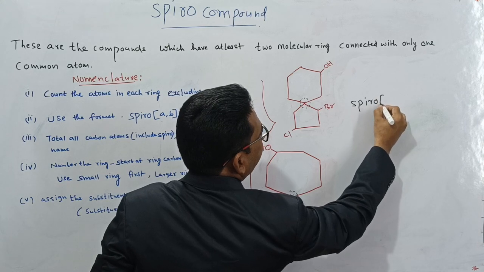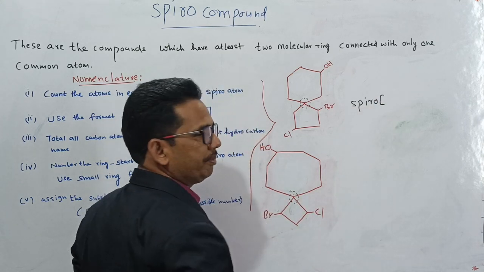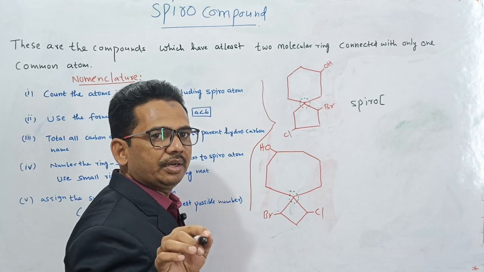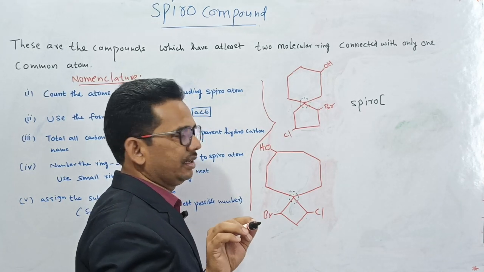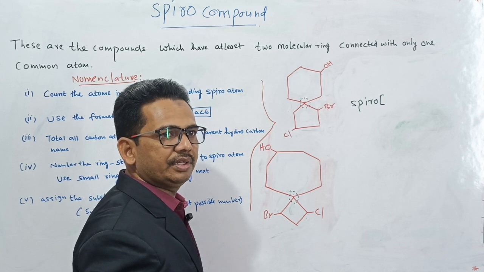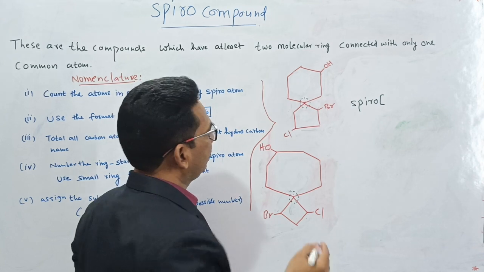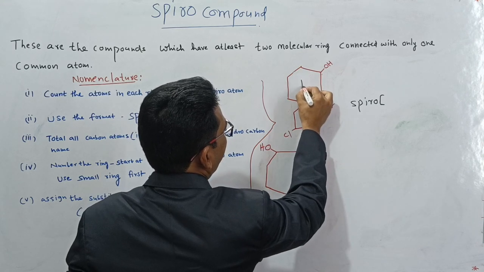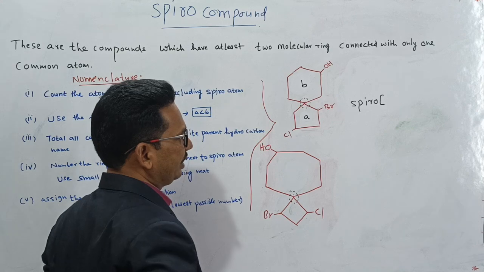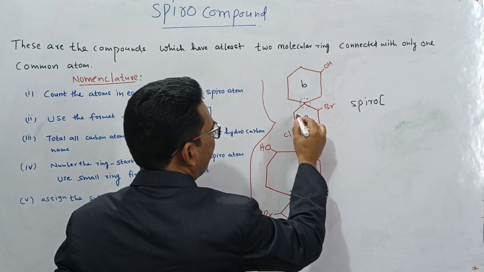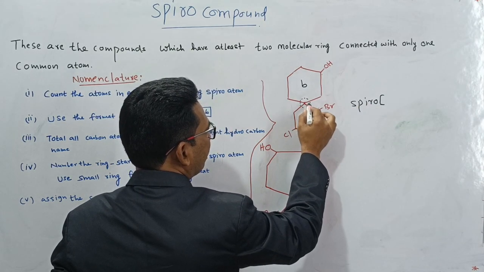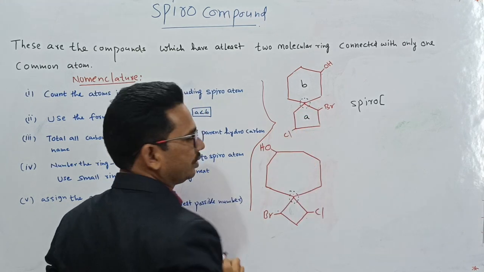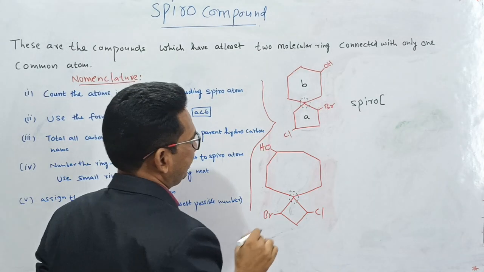Always take the square bracket, A comma B. The ring having the fewer atoms we mention as A, and the one having more atoms, B. This one having fewer atoms, I am taking as A, and this one as B. See, Spiro, how many atoms are there? We should not count this one, the Spiro atom. 1, 2, 3, 4. Total 4 atoms are there.